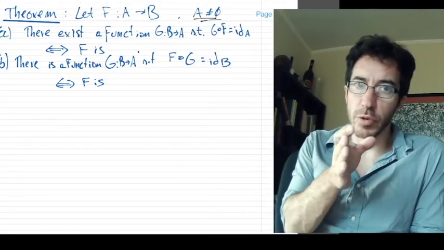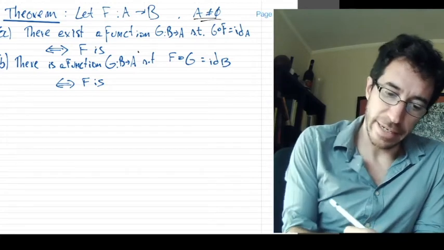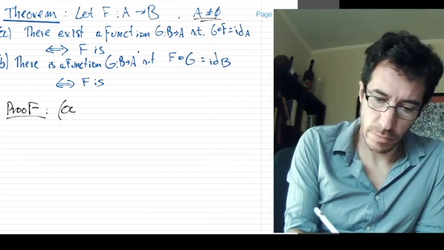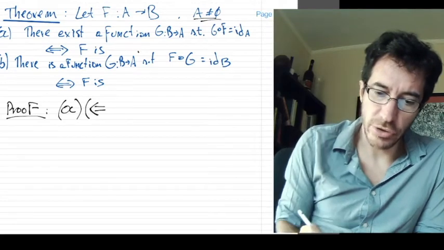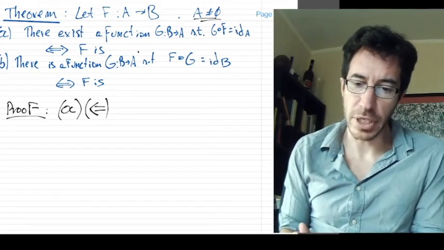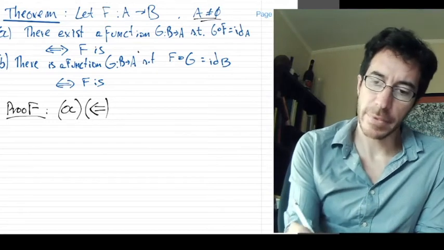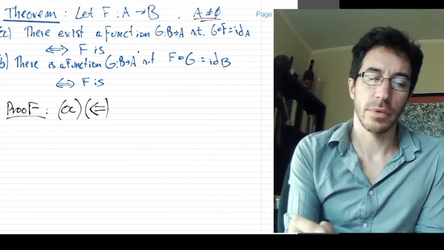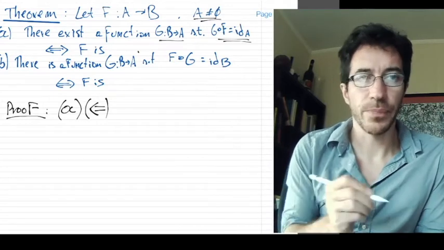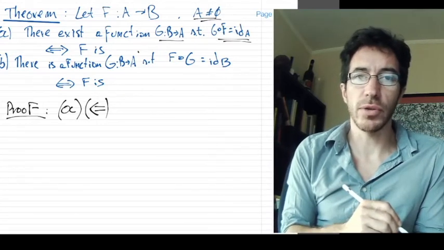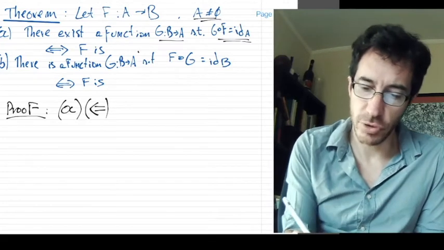Okay, so let's see the proof of this. It's hard to see a proof of something when we don't know what it is, but let's see how it works out. Let's consider part A, and the direction where our objective is to build such a G, and we want to know what we need to assume about F to define such a G. So the idea is as follows.